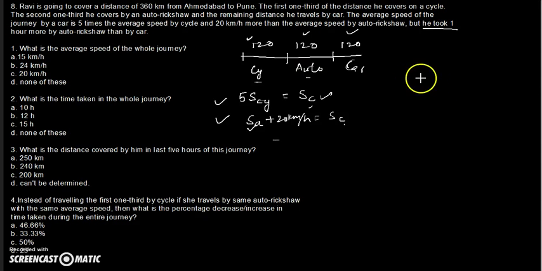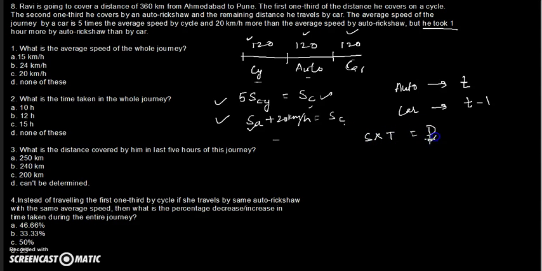So if in the auto the time taken is t, in the car the time taken is t minus 1. Correct? Auto takes 1 hour more, and the distance is the same.